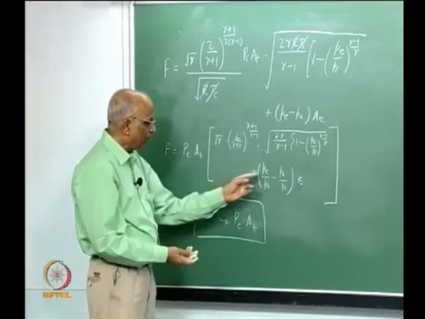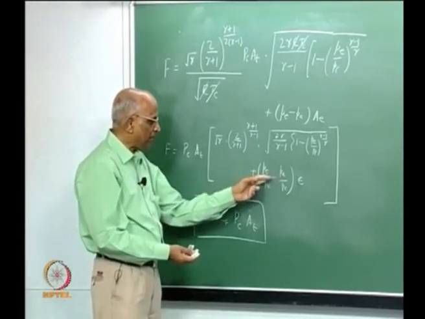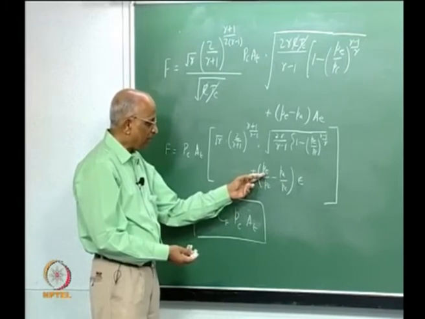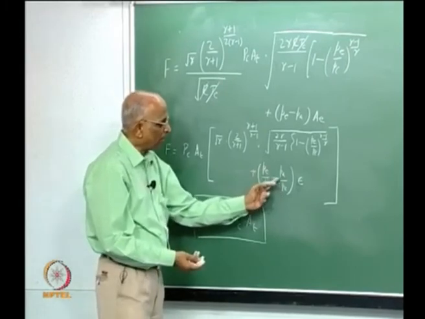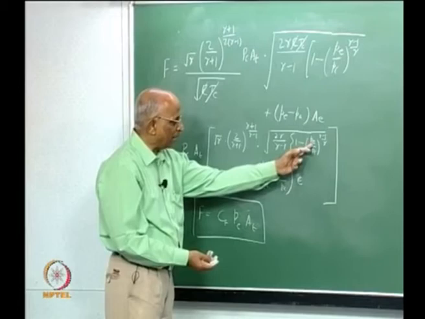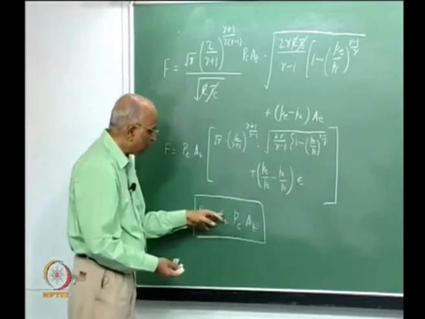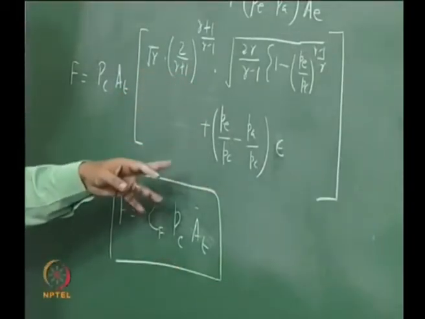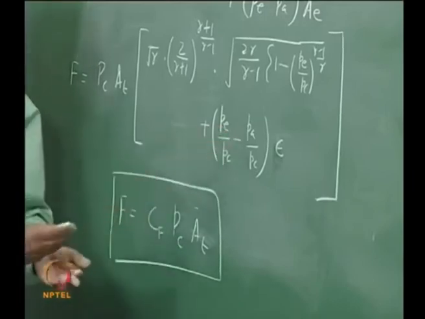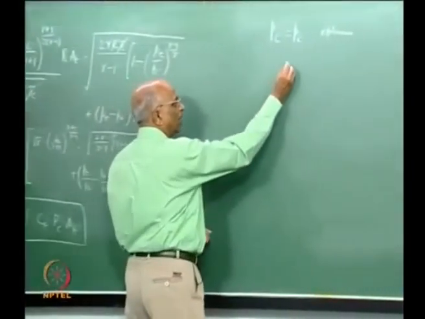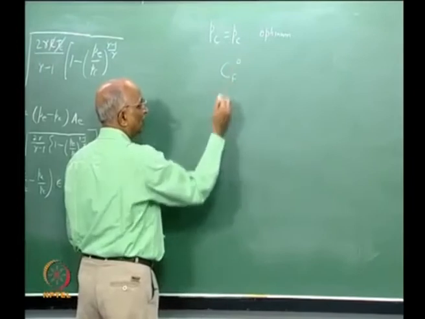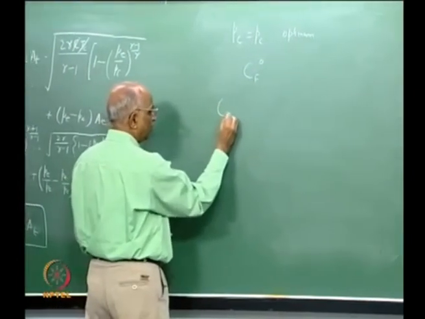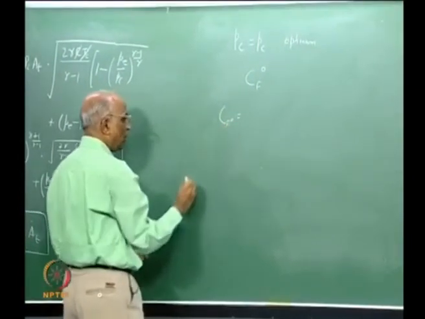When the ambient pressure is equal to the exit pressure, this term knocks out, but then you are increasing the value of PA, and therefore the value of CF corresponding to PE equal to PA will be maximum, and that is denoted by CF0, which corresponds to the optimum.